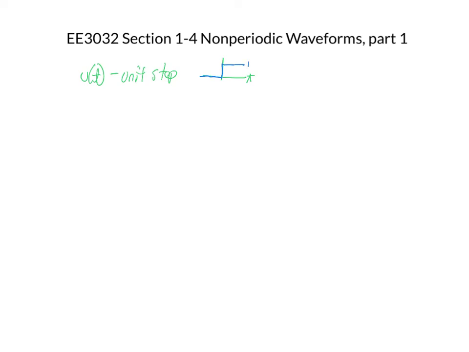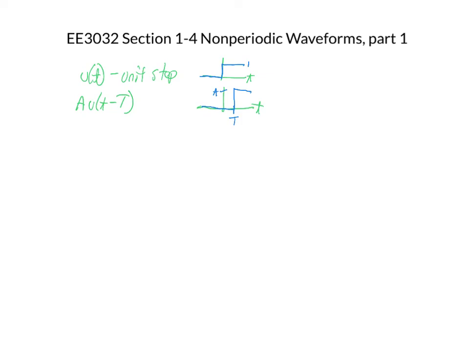So this building block, we can apply transformations. If I apply an amplitude and a time delay, I end up with a time delay of capital T seconds and an amplitude of A volts, whatever that is. So there's capital T and there's A.